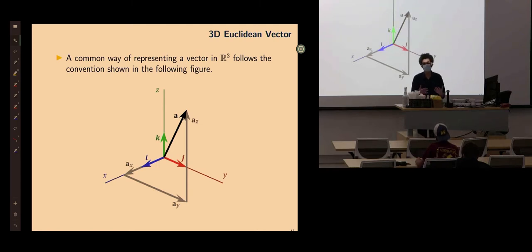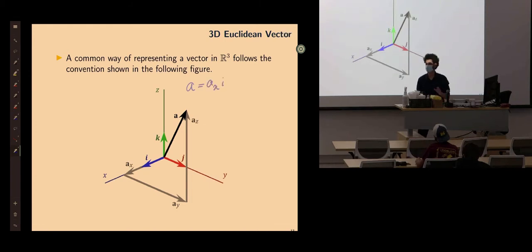Now this is something that you see a lot in your engineering courses and physics courses that you might take. There are 3 dimensions, they call it I, J, K. You have independent components. And that's how you define your vector. So your vector will be A, X along I. These are called unit vectors.